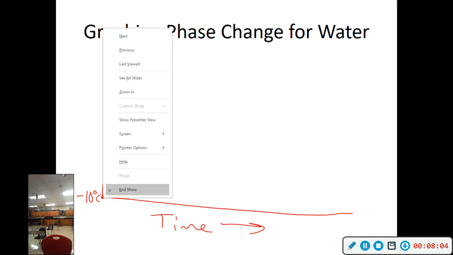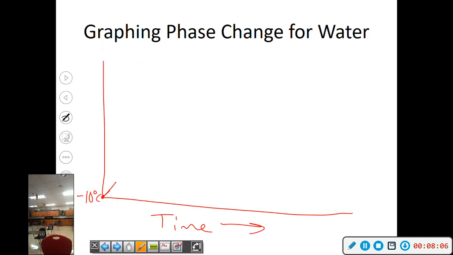If I go up the graph, right here, it's going to be a solid material. Then it's going to reach a certain point in the graph. This point right here is what we're going to call the melting point.